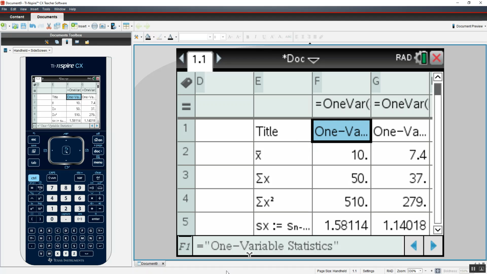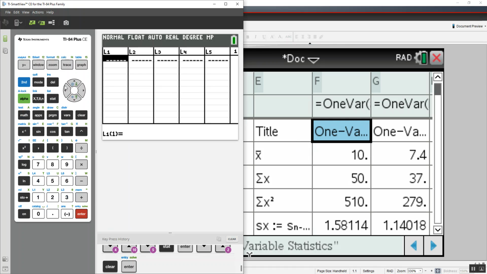All right, on the 84, we put them in the same way. So 8, 9, 10, 11, 12, and then 8, 6, 9.